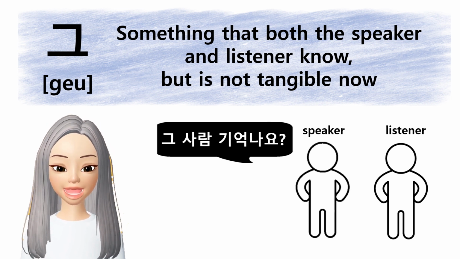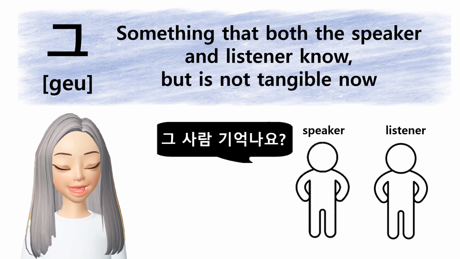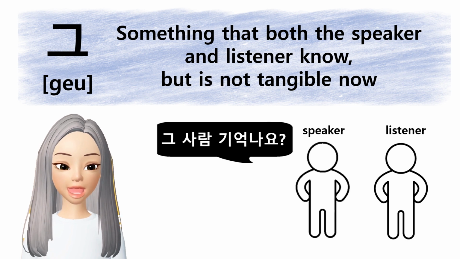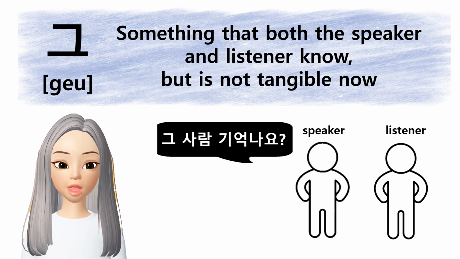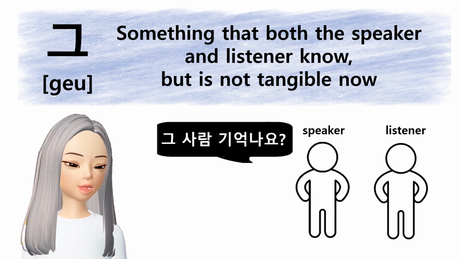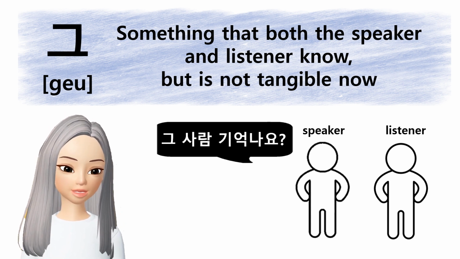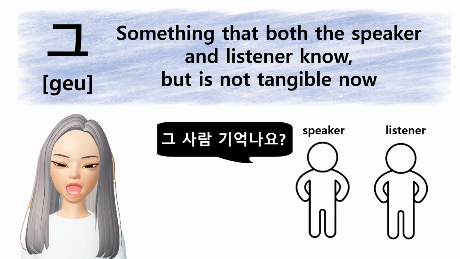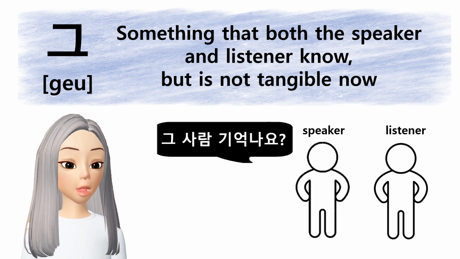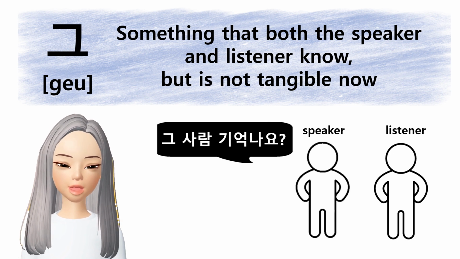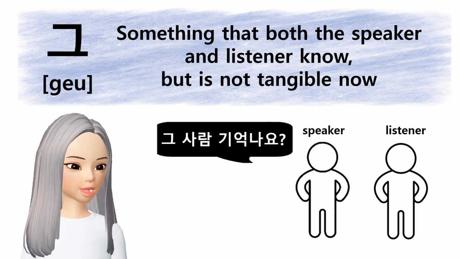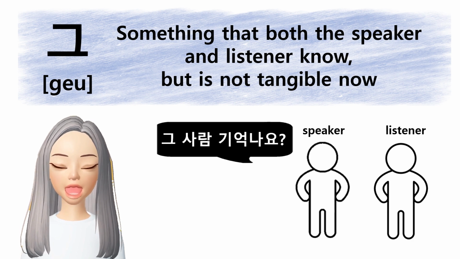Another use of 그 is when you're talking about something or someone that both the speaker and the listener know, but it's not tangible now. For example, here's a situation. 그 사람 기억나요? Would be a situation where I'm asking, do you remember that person, the person who was here a few days ago?